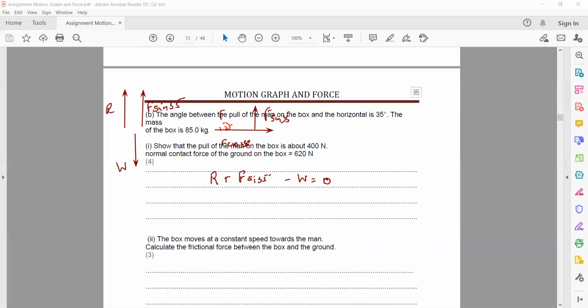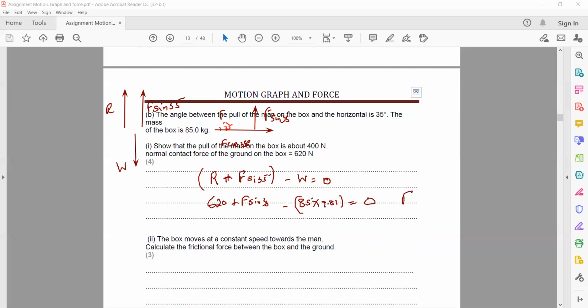So the normal contact force is 620, plus F sine 35. Sorry, this is plus because the two forces are acting in the same direction, and minus the weight, mass times gravity. So the mass is 85 and gravity is 9.81, and the result is equal to 0.